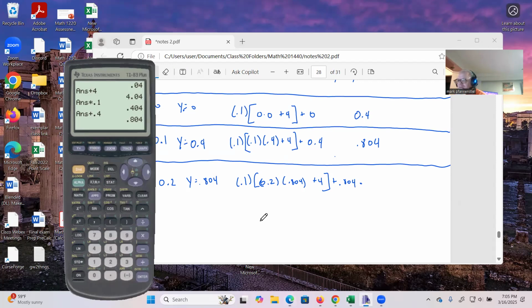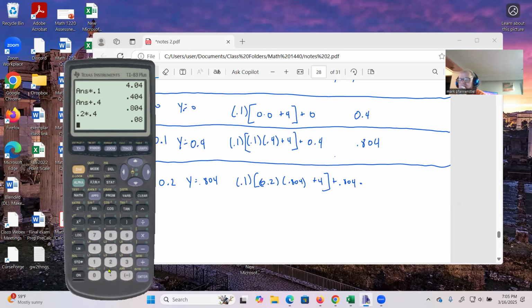All right, so we go through a little calculation here. So 0.2 times 0.4, equals, plus 4. I'm sorry, plus regular 4, not 0.4. So just 4. Let's go ahead and delete that. Oh, wait a minute. Nope, that's not right.